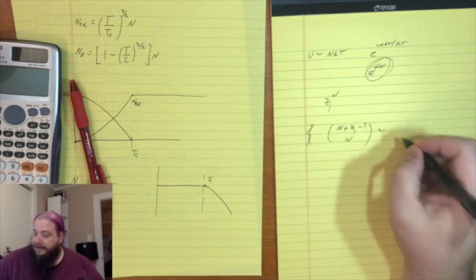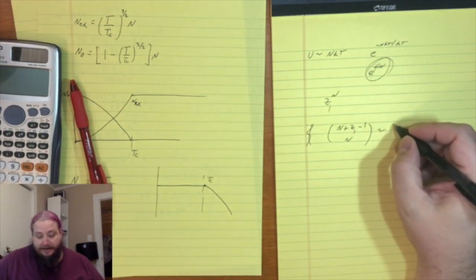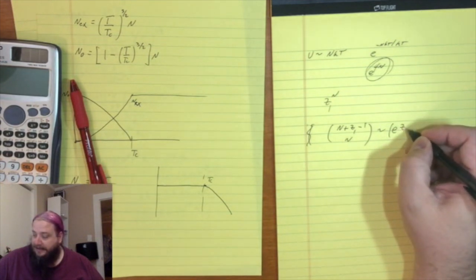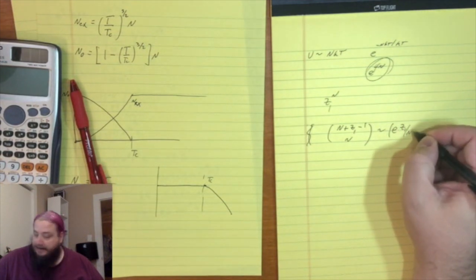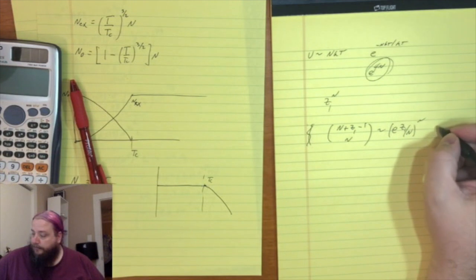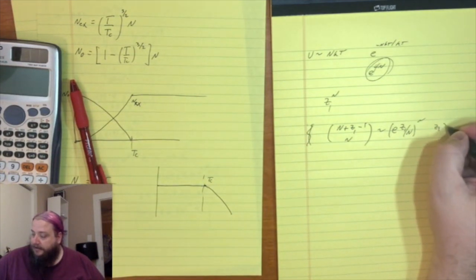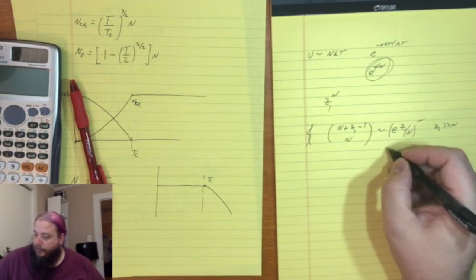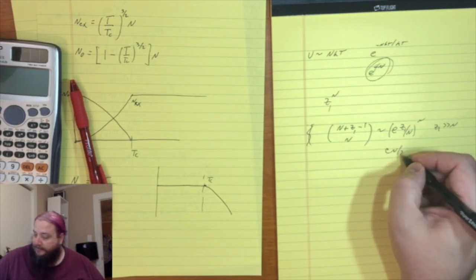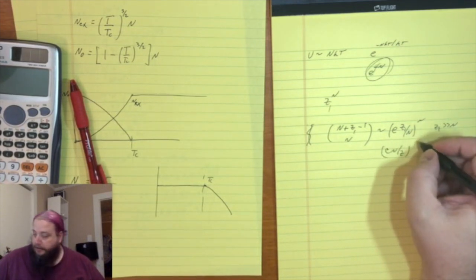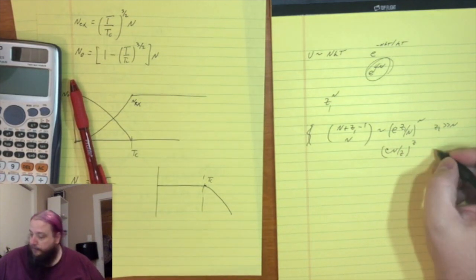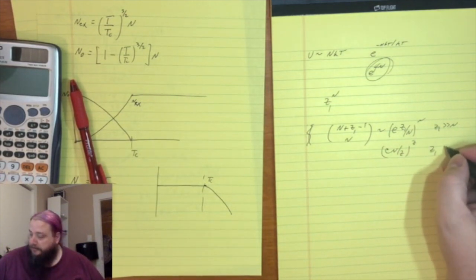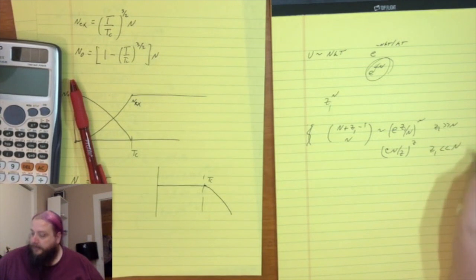And indeed, this could be approximated either as (ez over n) to the n for z dominating n, or (e n over z) to the z for a partition function much smaller than the number of particles.